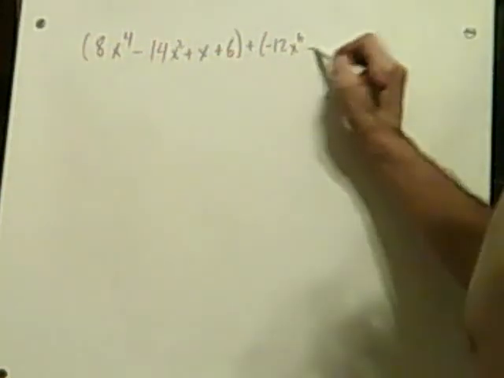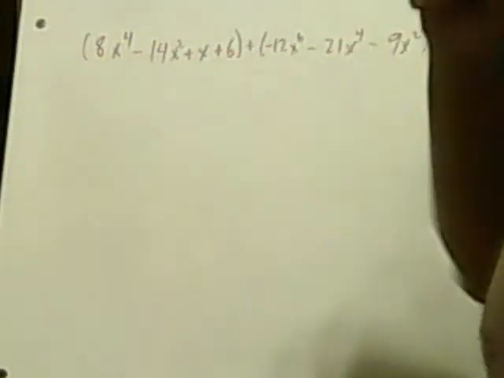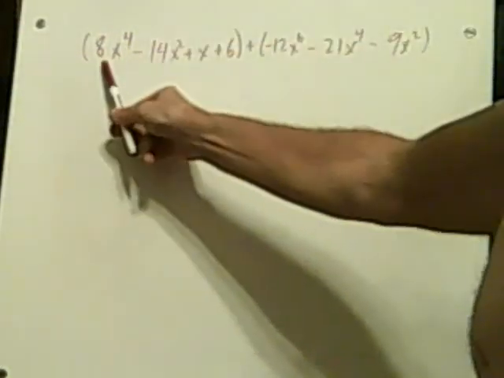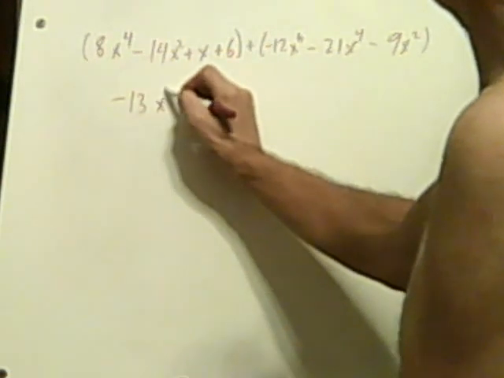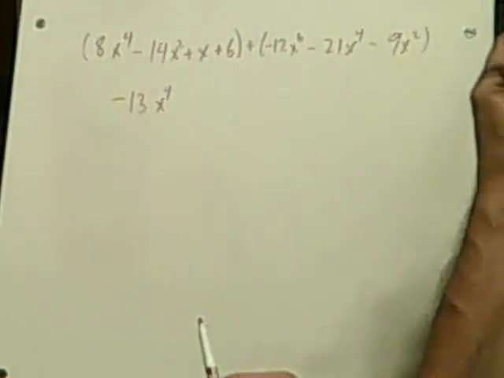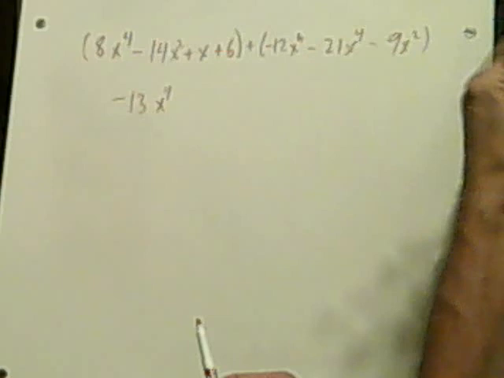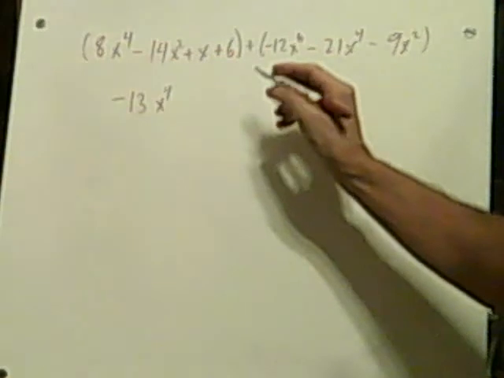Minus 21x to the 4th minus 9x squared. Okay? 8x to the 4th minus 21. So what's that going to come out to? Minus 13x to the 4th. 21 minus 8 is 13. Okay? Because 8 plus 3 is 11, but we keep the negative sign because the 21 is bigger. Okay? Next.